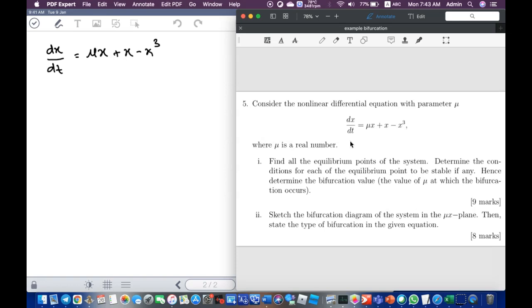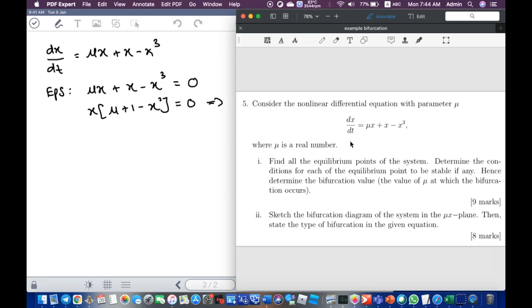To get the equilibrium points, firstly we have to equate the given expression on the right to 0. Then we can factor out the x, so we have x times (mu plus 1 minus x squared) equal to 0.